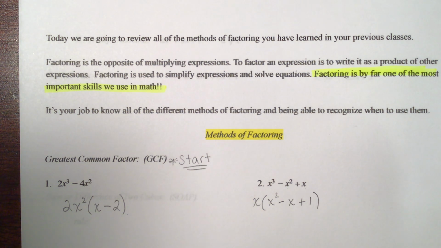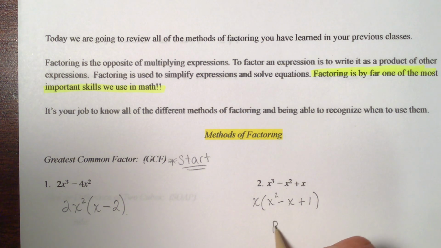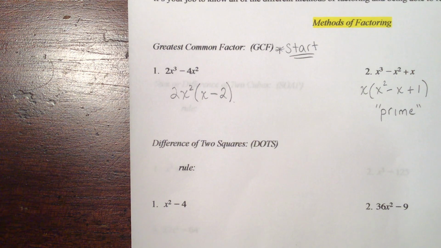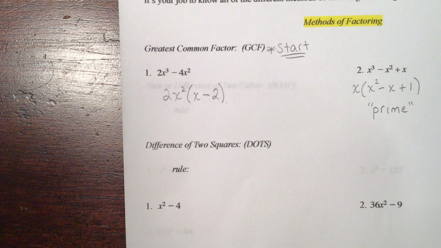We're going to review that method in a few minutes. Most of you would already be starting to try to factor this. You can't. This factor is called a prime factor, and when that happens, you just leave it alone. Okay? So that's okay.